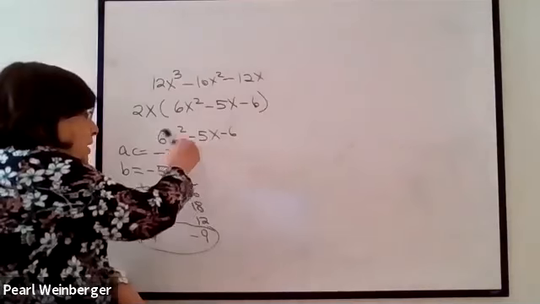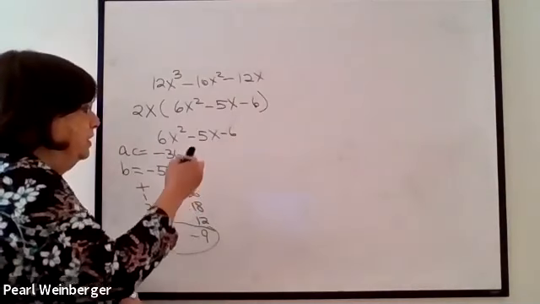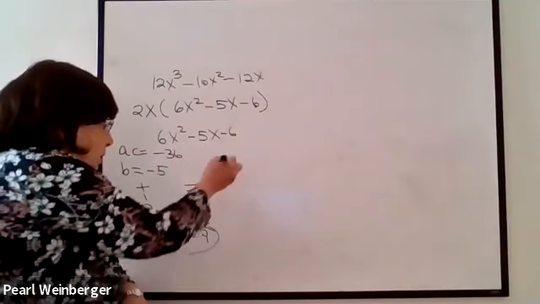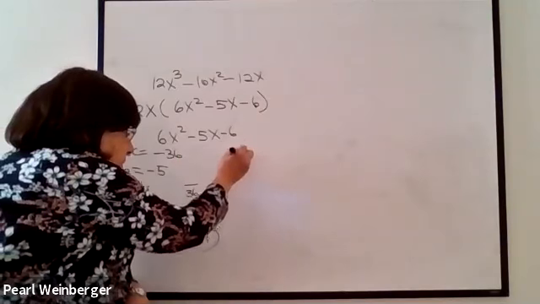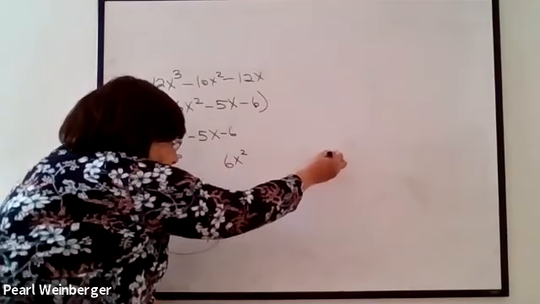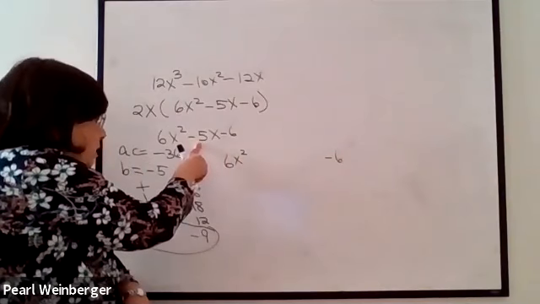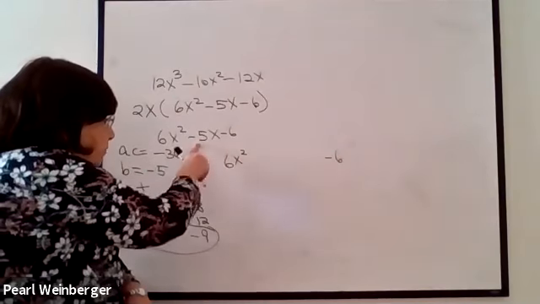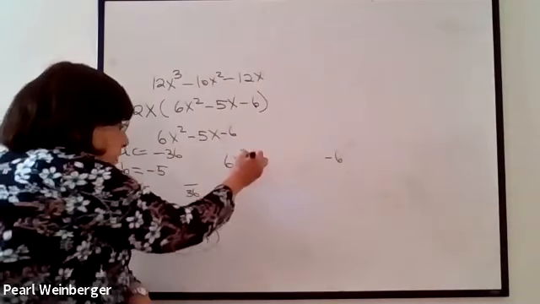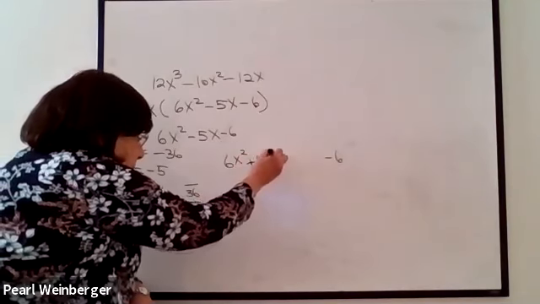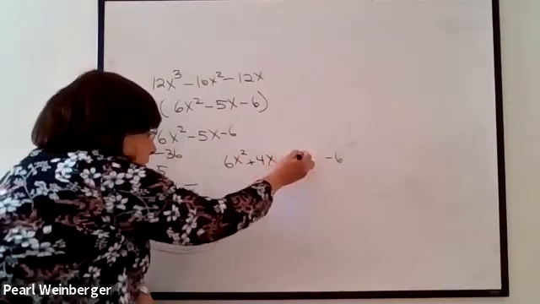So I'm going to rewrite this 6x squared minus 5x minus 6, leaving the 6x squared alone and leaving the -6 alone, and rewriting the -5x as plus 4x and minus 9x.